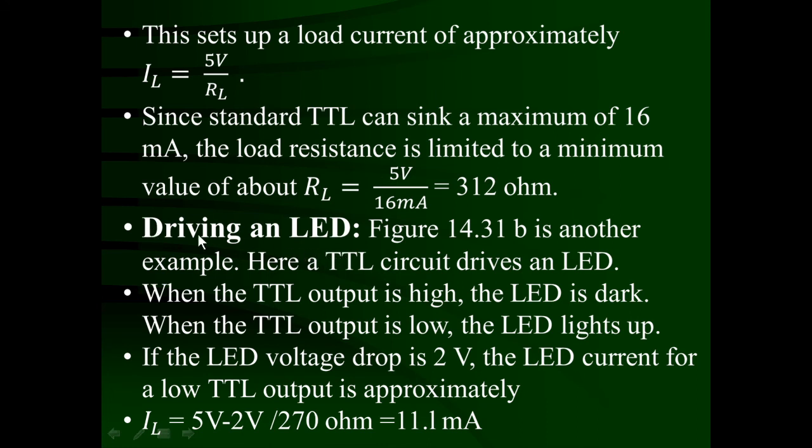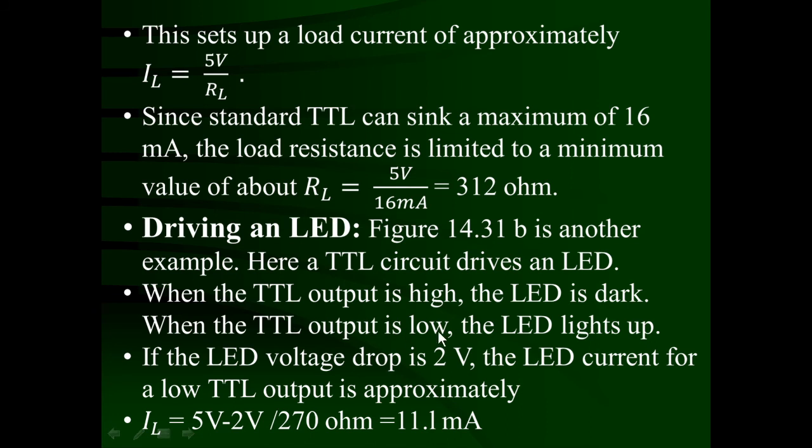It can drive the LED also. So, driving an LED. Figure 14.31b is another example. Here a TTL circuit drives an LED. When the TTL output is high, the LED is dark because it is reverse biased. So no current is passing and it remains dark.